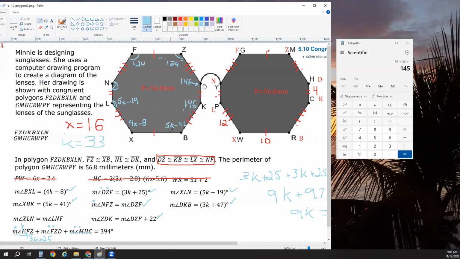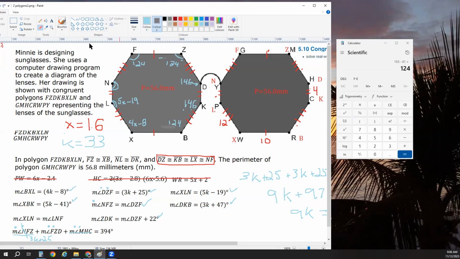Okay, then we have 5K minus 41. So it's going to be 5 times 33 minus 41, which is 124. Good enough.